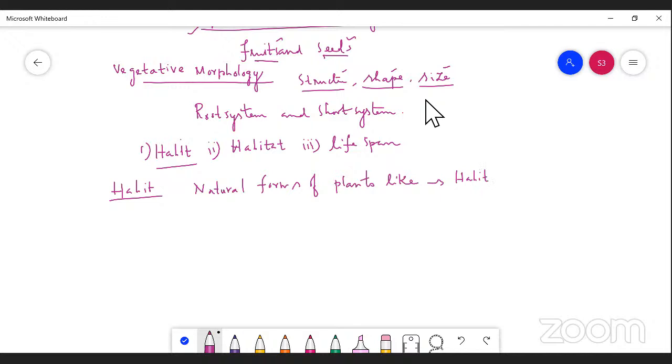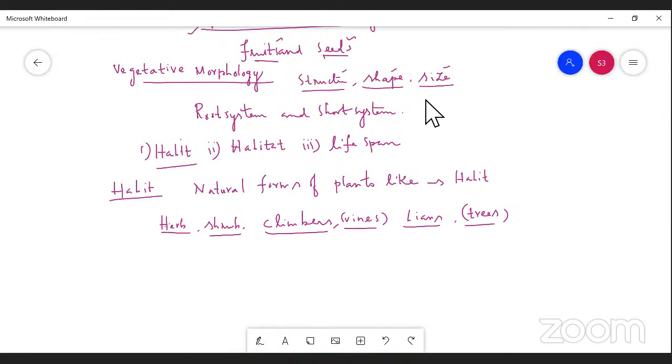The habits are herb, shrub, climbers, vines, lianas, and trees.